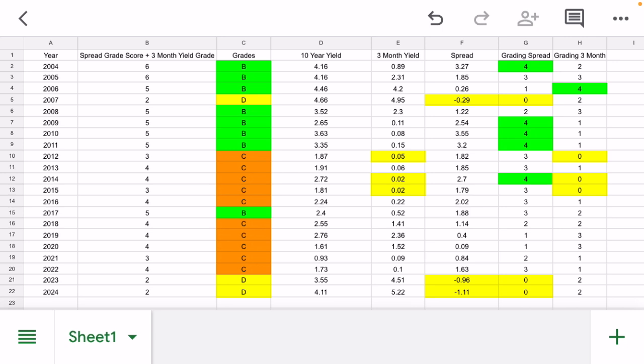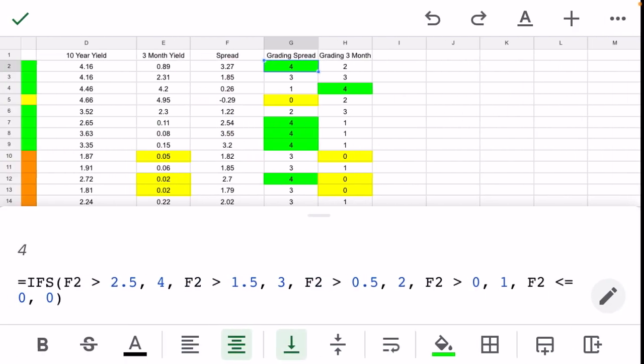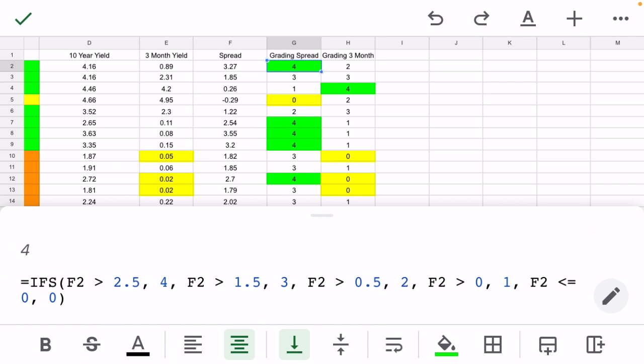And then also you have the grading of the 3-month, so you can see where it's in yellow. The 3-month yield in the E column is very low, which was causing that area to have a grade of C. So I do have the formulas that are driving the grading of the spread and grading of the 3-month. So for grading of the spread, if F2 is greater than 2.5, which is F2 is the spread, then it gets a 4.